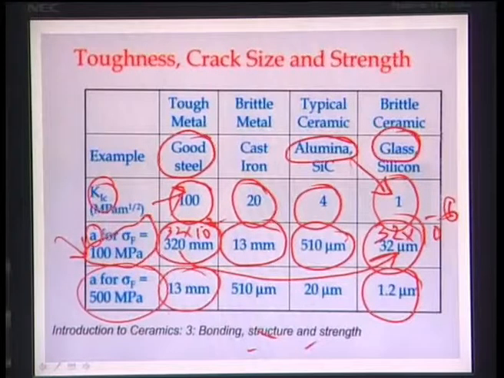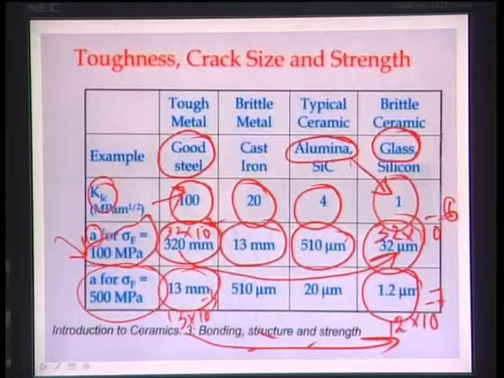Again, 13 times 10 to the power minus 3, and there you get 1.2, that means 12 times 10 to the minus 7. So 12 times 10 to the minus 7 is the crack length in very brittle glass, and 13 times 10 to the minus 3 is in very tough metal. So again there is roughly a 4 orders of magnitude decrease in the maximum tolerable crack length.